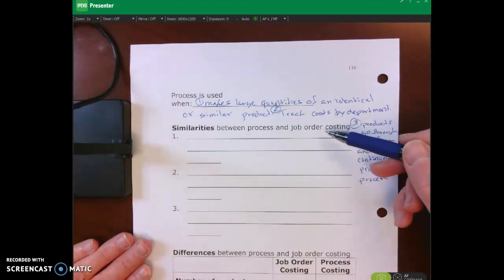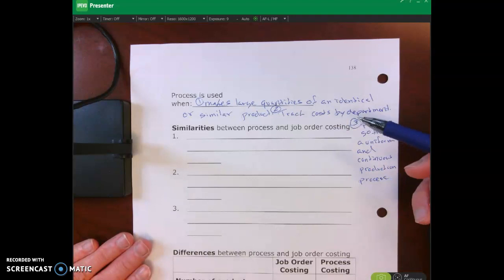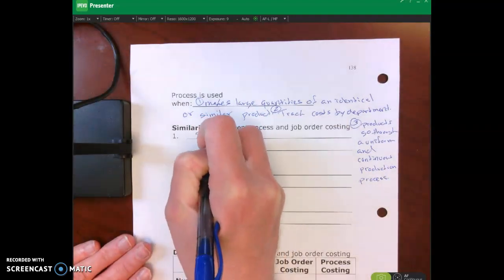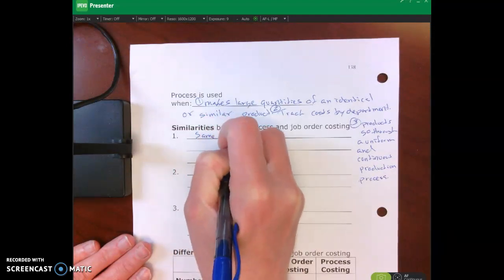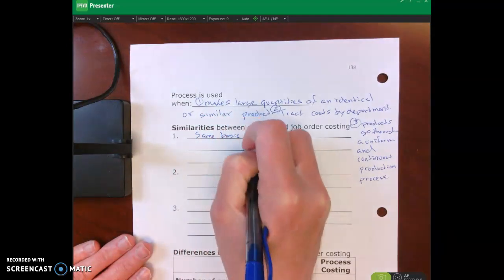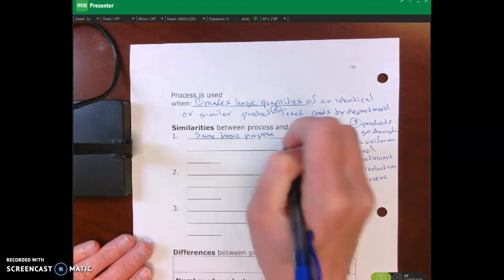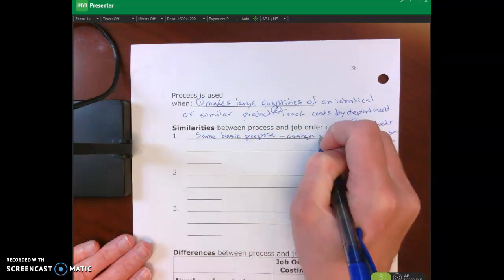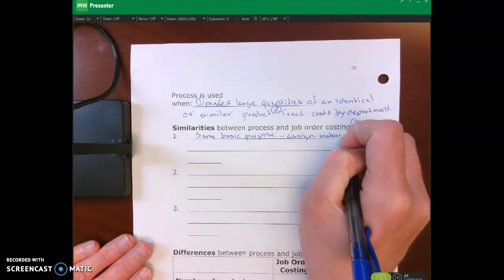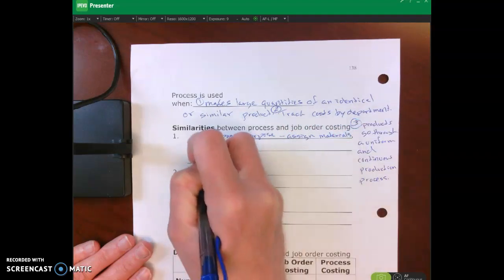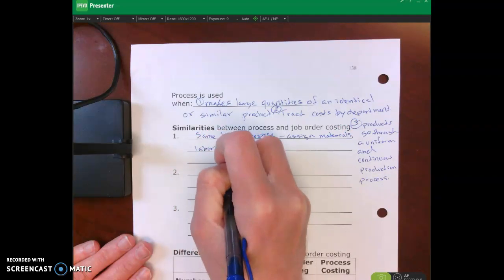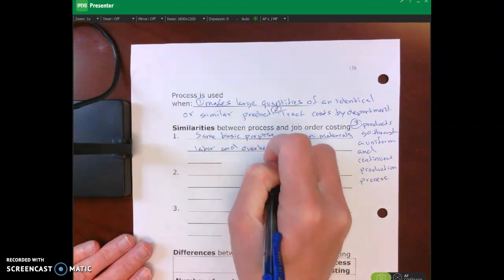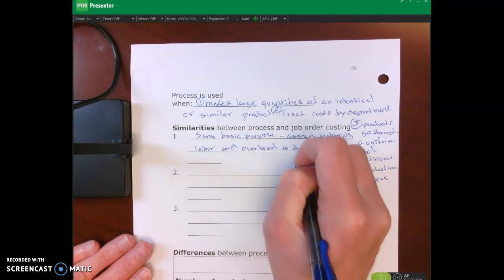Some similarities between process and job order costing. The first one is that we could say we have the same basic purpose, which is to assign materials, labor, and overhead to the products that we make.